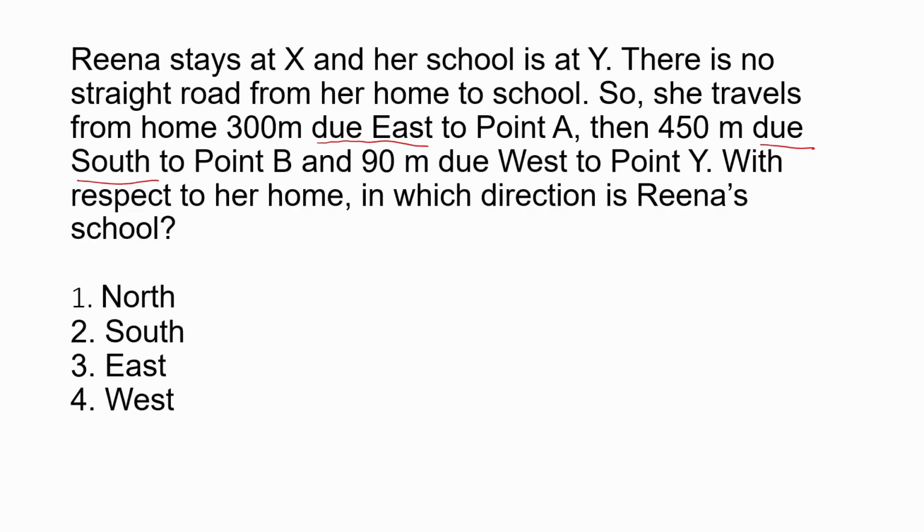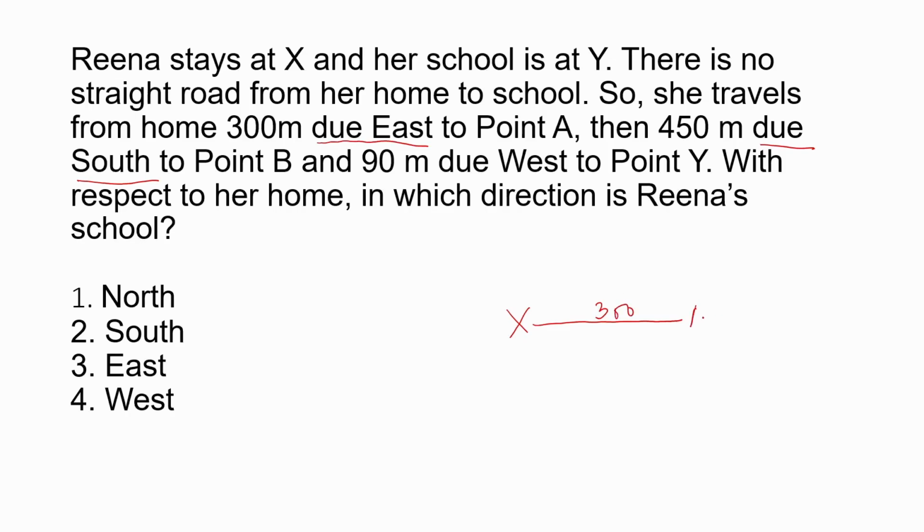Okay. So here we see Reena stays at X and her school is at Y. There is no straight road. Okay. So this is an extra sentence given. So she has to travel from home. So X is home. Here is how you do it. You start with X, which is home, and she travels 300 meters due east. So from X, this is east, 300 meters.